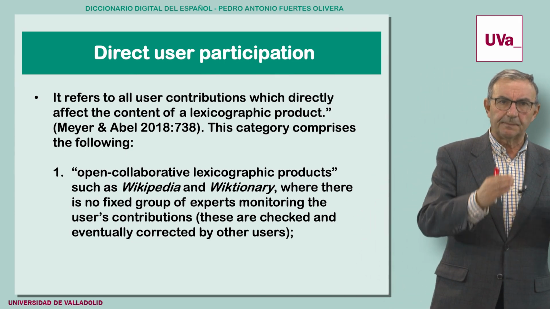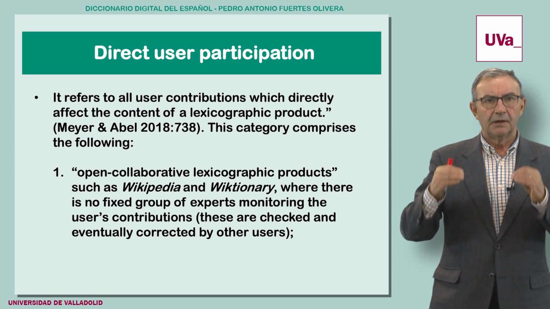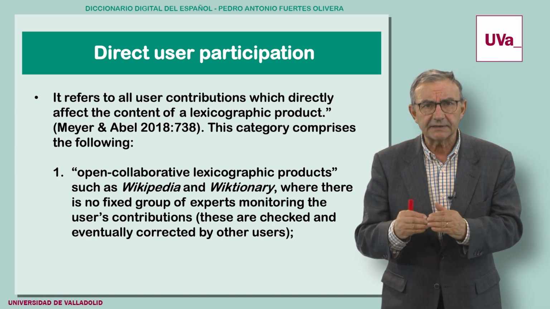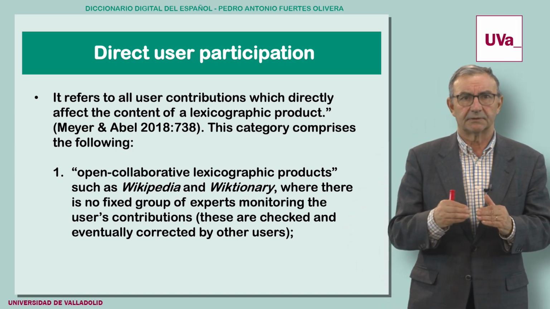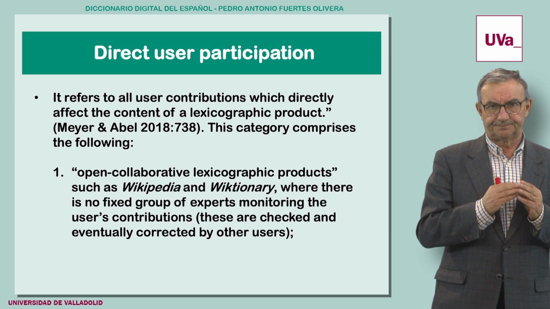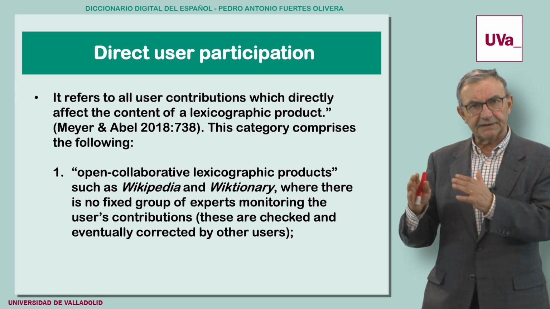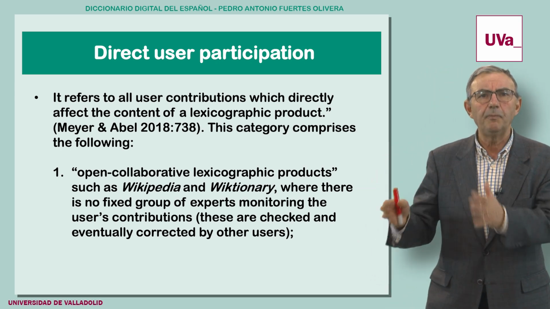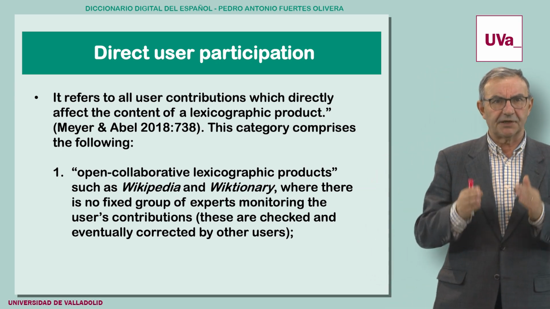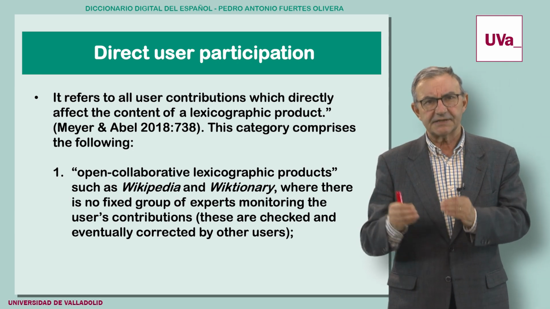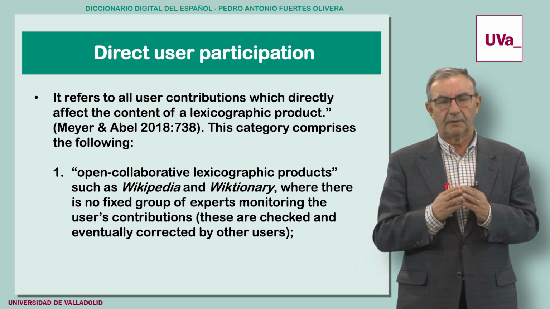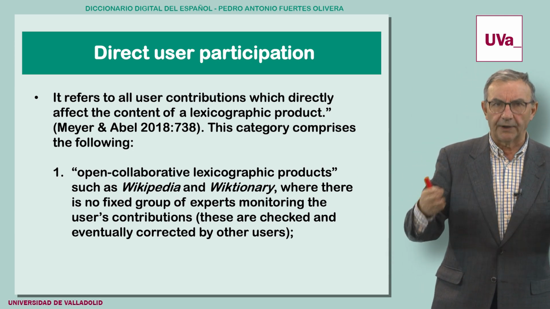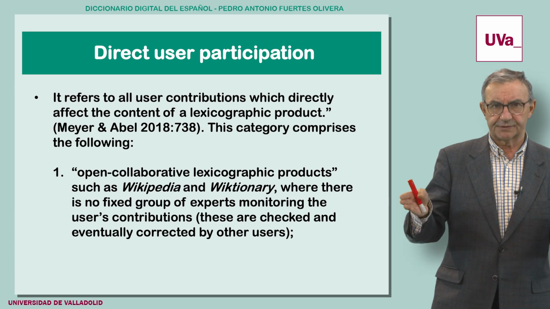Direct user participation refers to all user contributions which directly affect the content of a lexicographic product. This category comprises the following. They can be open, collaborative lexicographic products such as Wikipedia and Wiktionary, where there is no fixed group of experts monitoring the users' contributions.